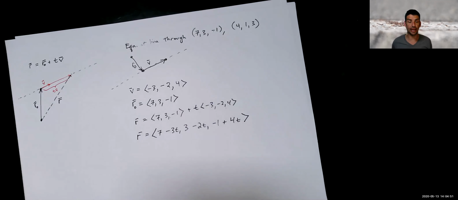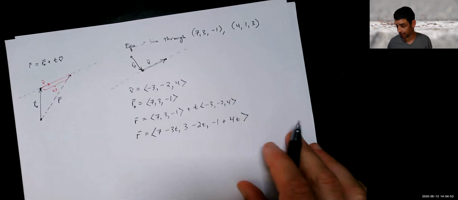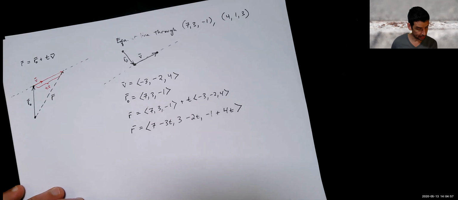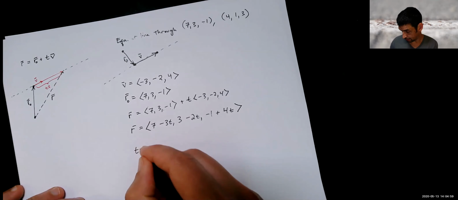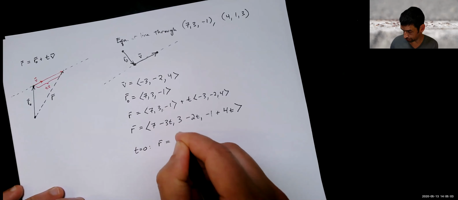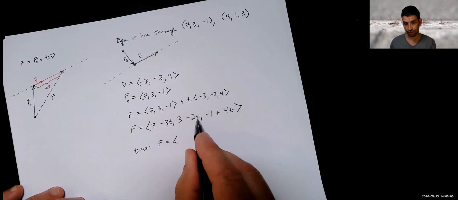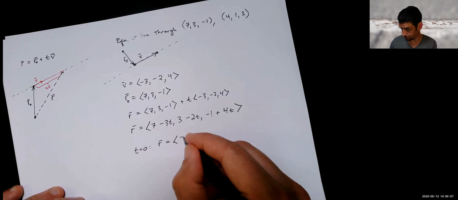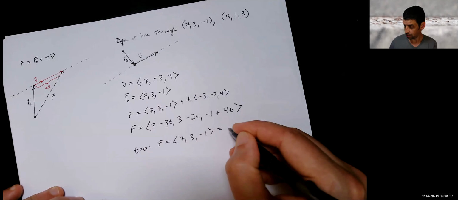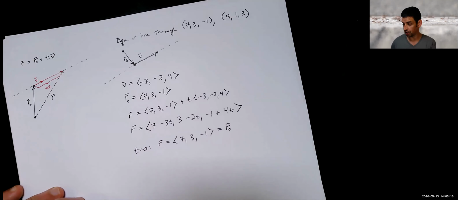Notice something, because of the choices that I made, if I take t to be equal to 0, then r is equal to, all these t parts of this equation disappear, and I get 7, 3, -1, which is what we called r0.